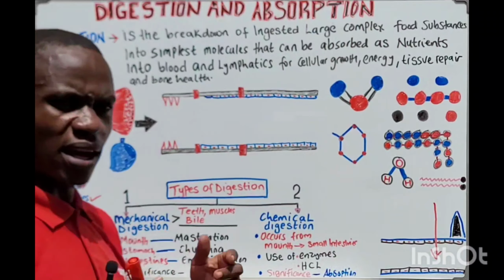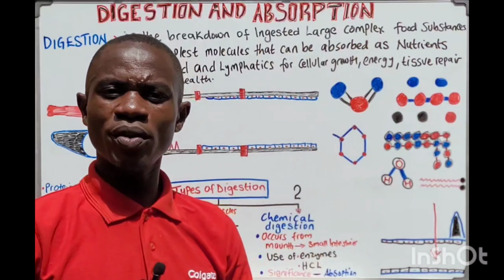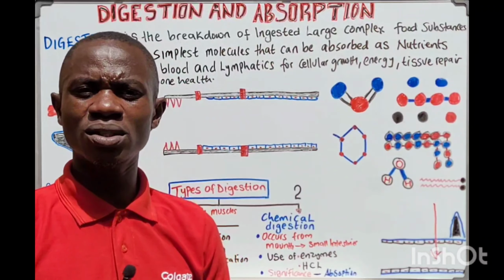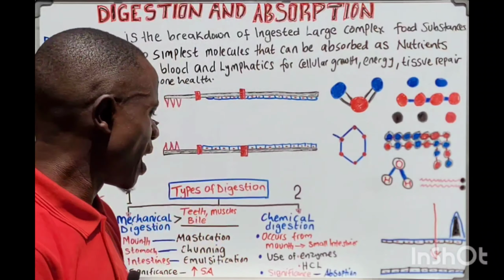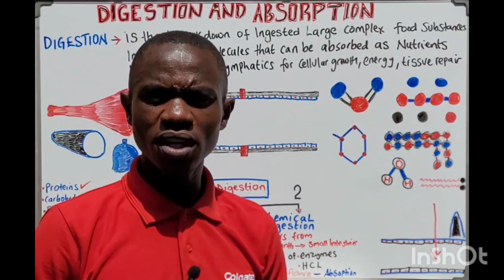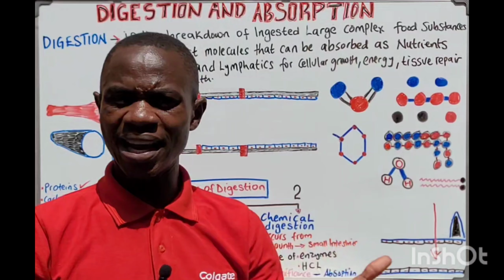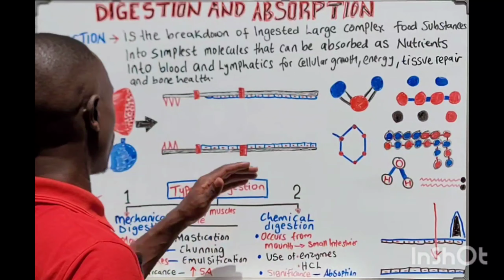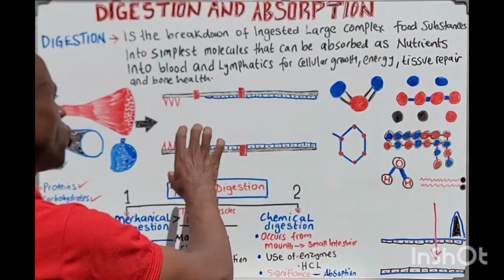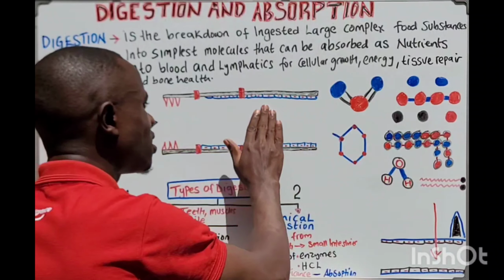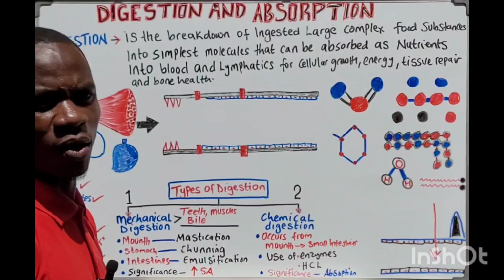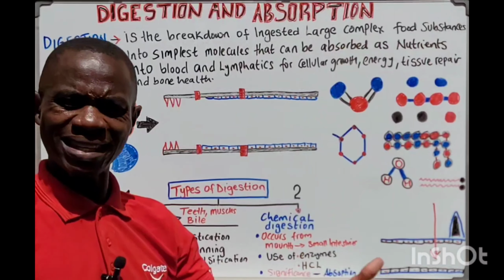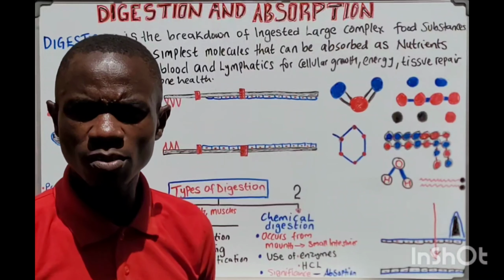For carbohydrates, we want the monosaccharides, like glucose, lactose, and fructose. And from the fats, we need the fatty acids plus the glycerols. But they are going to be processed in this tube-like structure, which runs from the mouth down to the small intestine.